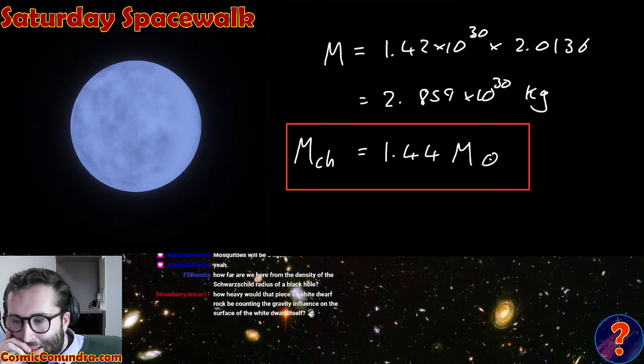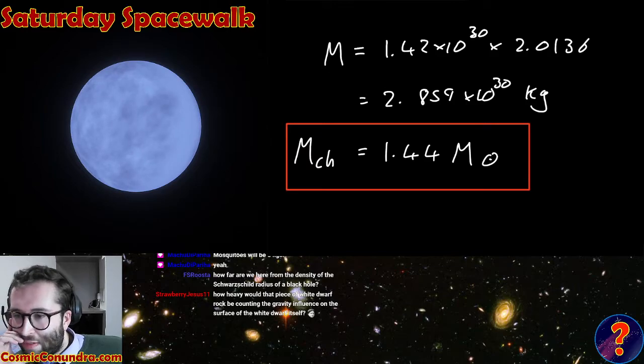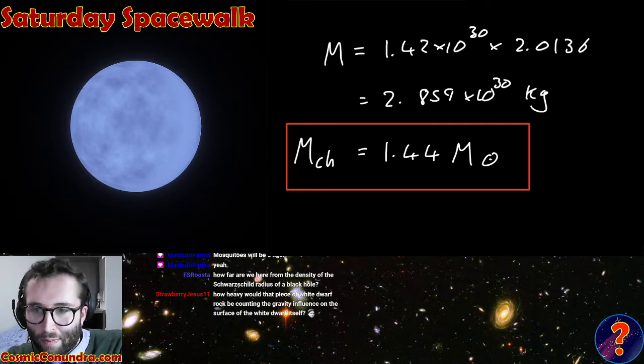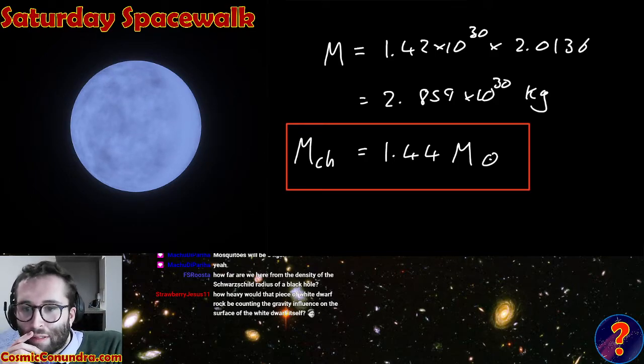So the mass of the Earth, 10 to the 24, divided by roughly the volume of the Earth, 10 to the 18, that gives like 10 to the 6 kilograms per cubic meter. But that seems ridiculous. Am I doing some really basic maths completely wrong?